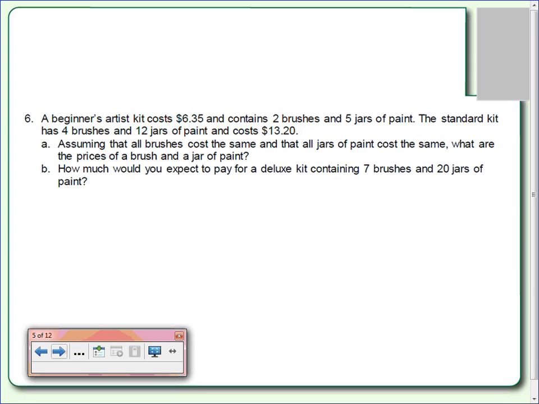So what we need to do is find out how much they're charging for the brush and how much they're charging for the jar of paint. Those are the 2 things we're looking for. I need a variable to represent brushes. B is going to represent the cost of the brush.